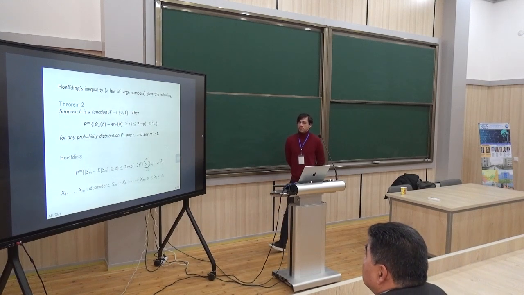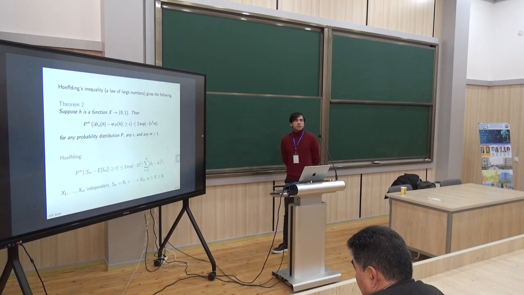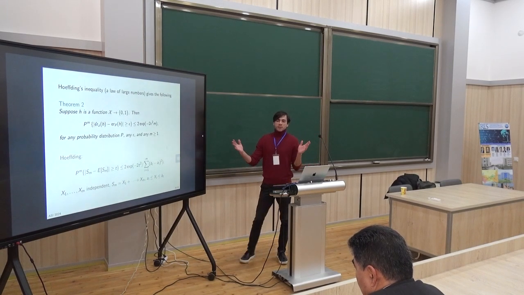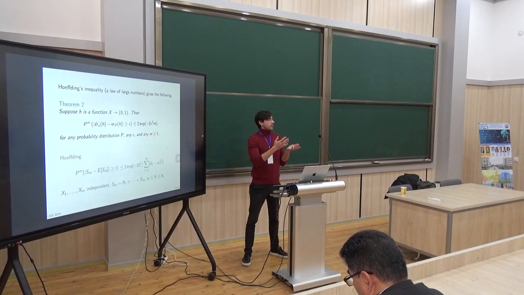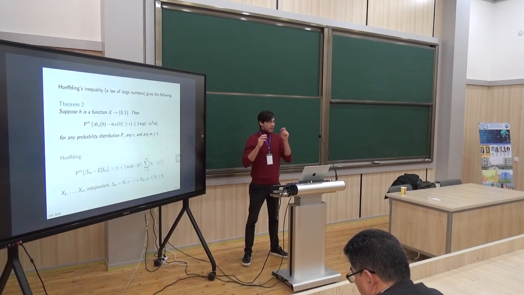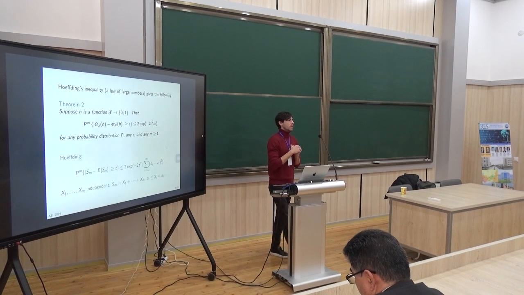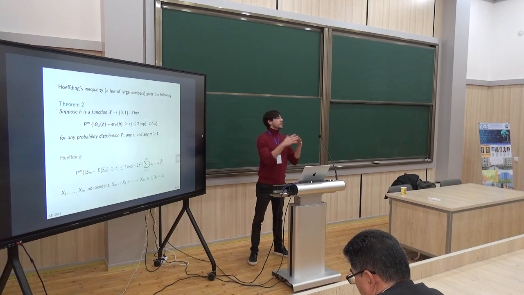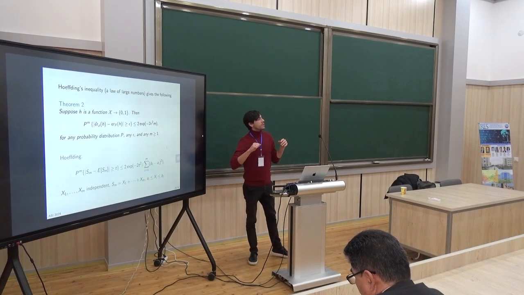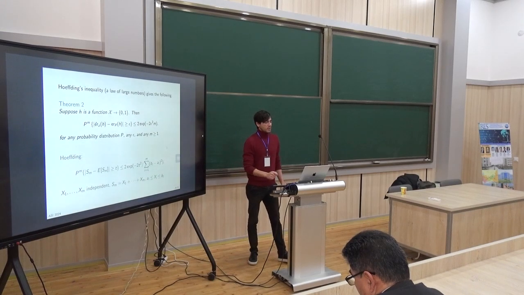It is a comparison between a sample mean and an actual mean. You take a sample, evaluate the mean of that sample, and ask how far that is from the actual mean. What it says is that the probability that this difference is too big is very small. The bigger the difference, the smaller the probability. And this probability drops very rapidly with the size of the sample.